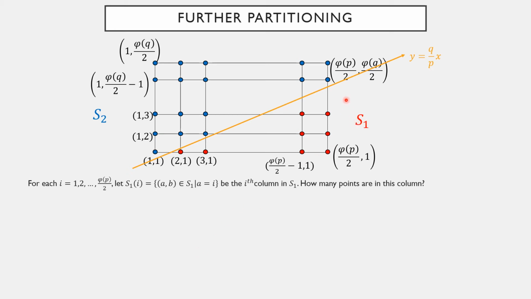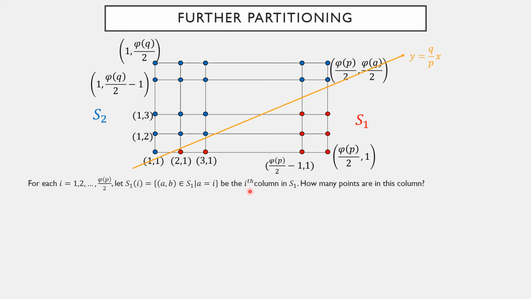Instead of just considering S1 as all the red points, I'm going to further partition it on a column by column basis. So for each possible x value going from 1 to phi of p over 2, notice that's the largest x value, phi of p over 2, and the smallest is 1. S sub 1 of I is going to be the points in S1 with that particular x-coordinate.